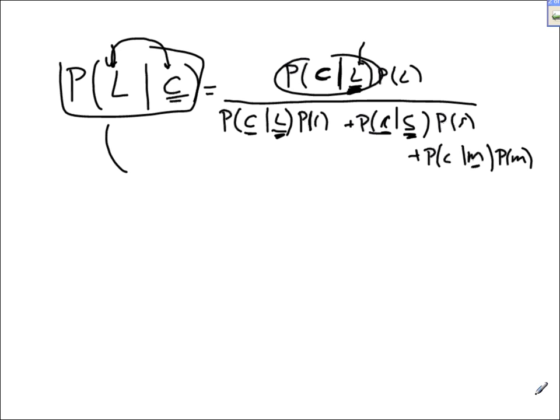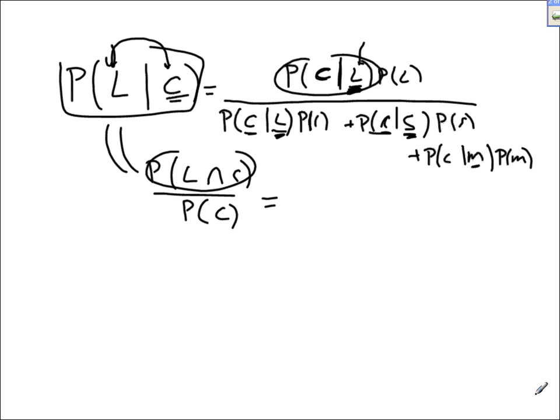For example, this is the probability that you're large and a college student divided by the probability you're a college student. If this is maybe a third, and this is an eighth, well, let's make that a 13th, then you're done. The answer is 8 over 13, and you didn't need Bayes' formula.